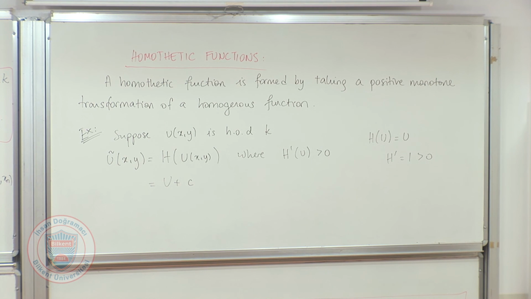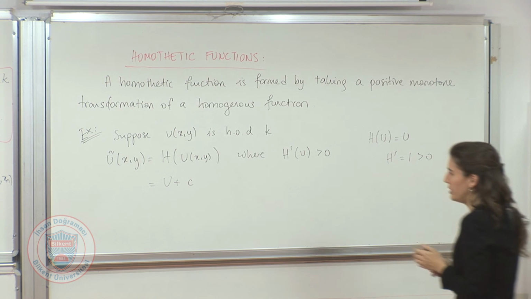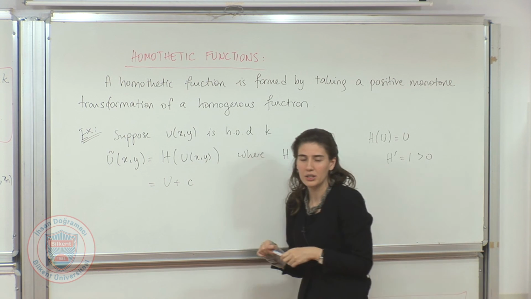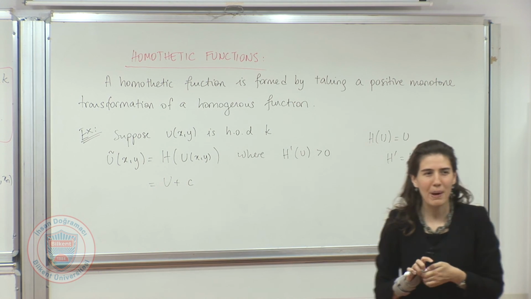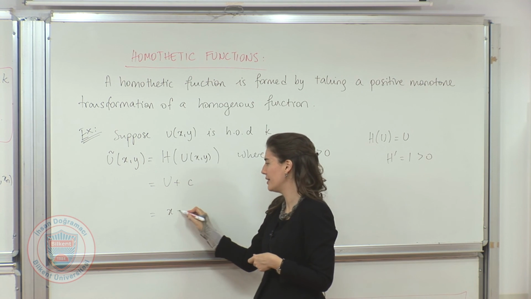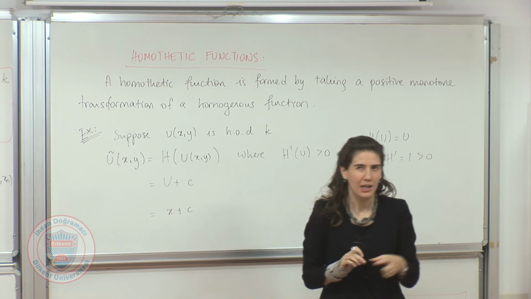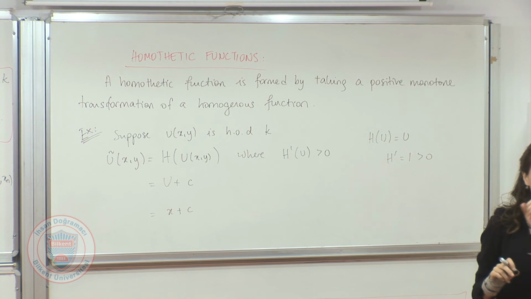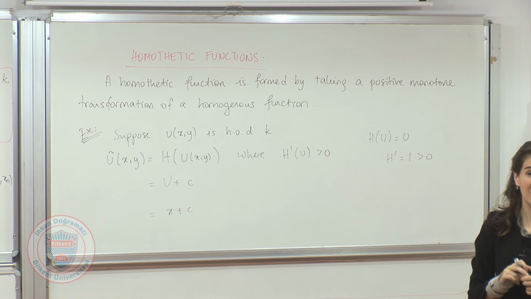Do you think it's going to work? I take that. Do you think this function is homogeneous? Remember, maybe this u confuses you. Think of it like this, x plus c. I multiply all the arguments by some constant t. The function should double.